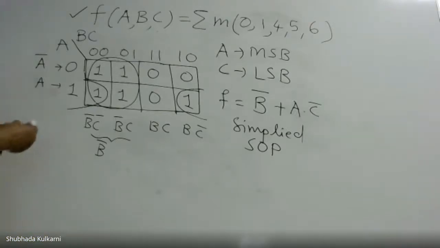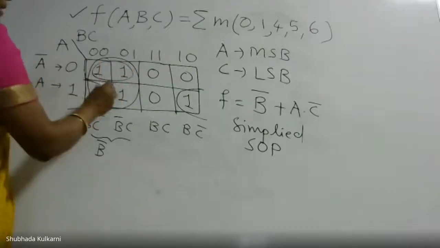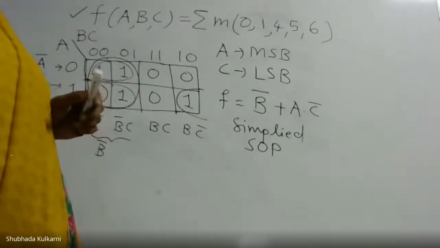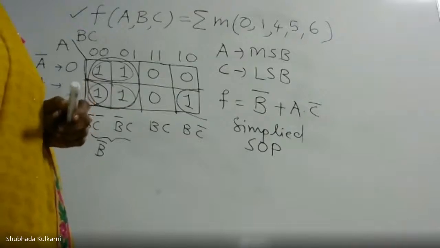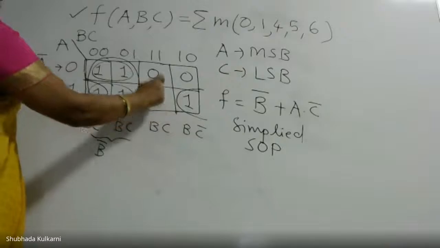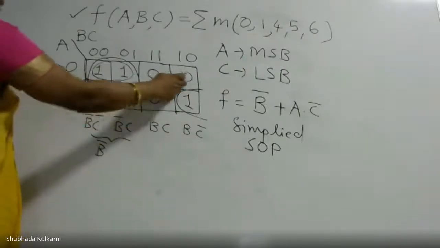Somebody may think that we can group this as one pair and this as one pair. But again, you would have to do the simplification manually. We don't want that. So what we have done? The largest group is the quad here, a group of 4 ones. Now this one is remaining. For that, we cannot find a neighboring 1.